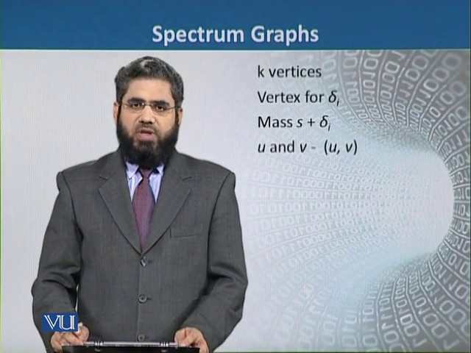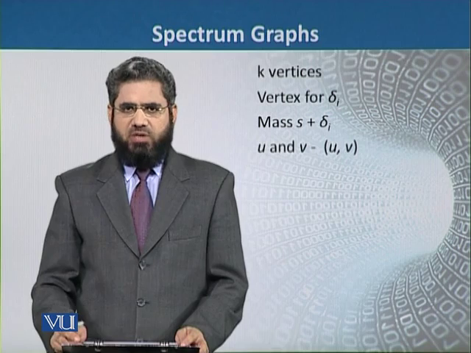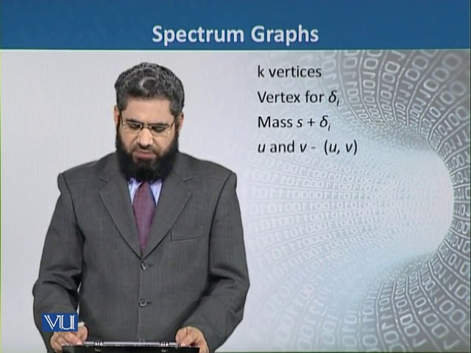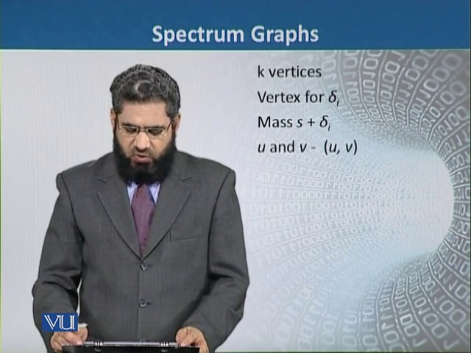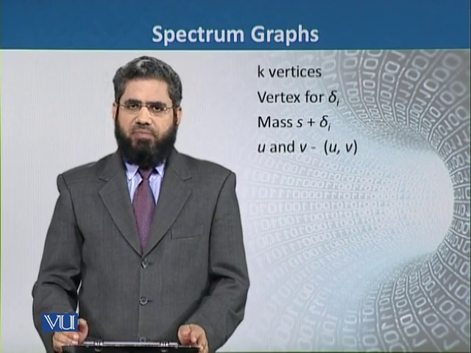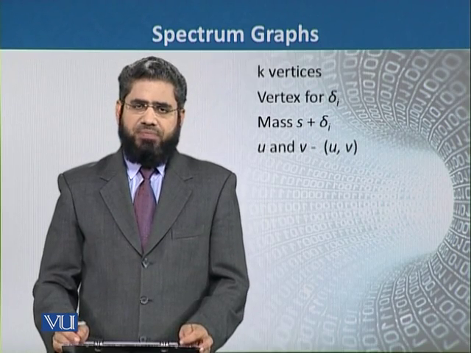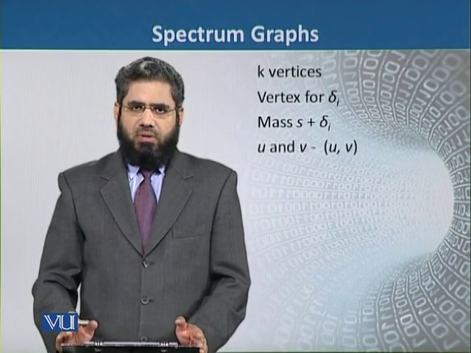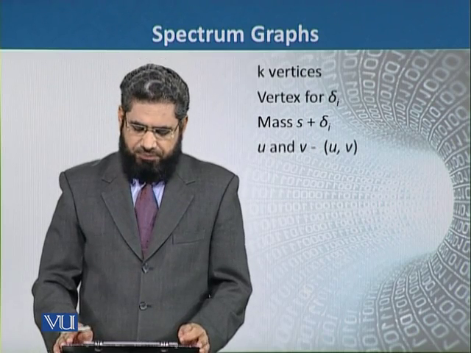When the spectrum is created and the mass is assigned to the peptide, that mass is converted into K vertices. The more vertices there are, the better the path will be. We assume that each vertex has a partial delta ion assigned to the N-terminal.